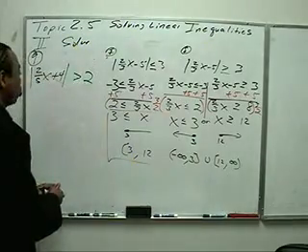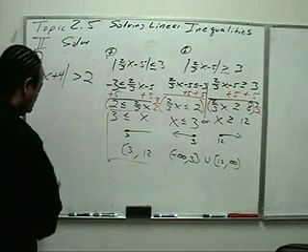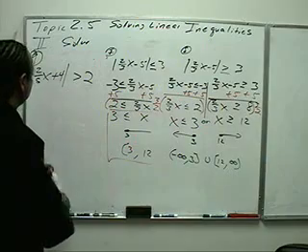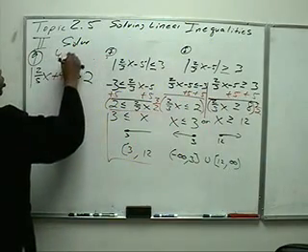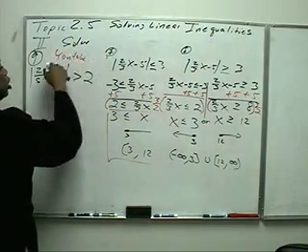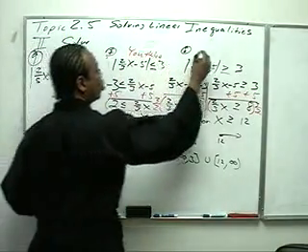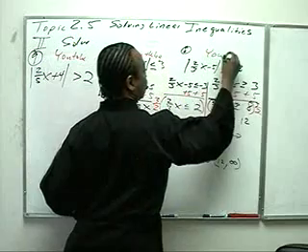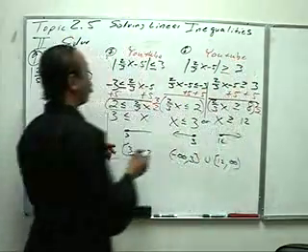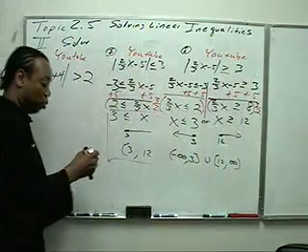Now, what I'm going to do with this one is I'm going to YouTube this. I'm going to YouTube number 9, YouTube number 7, and also YouTube number 8. So all 3 of these will be required for your YouTube.